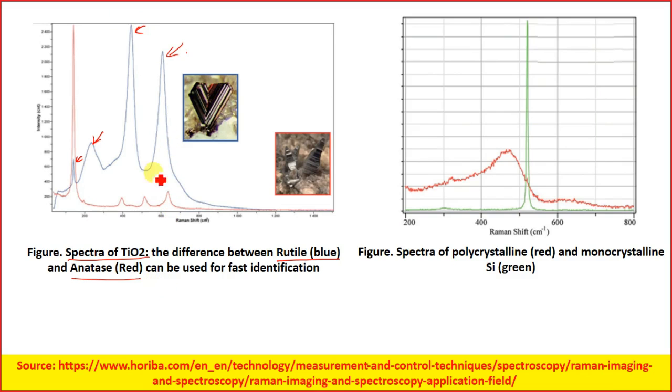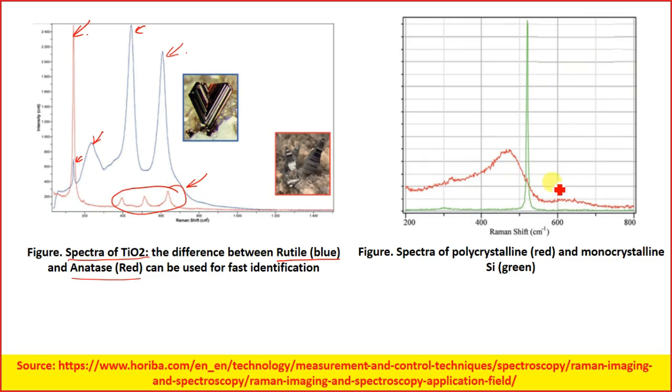Whereas in the anatase phase, there is only one major peak. It is more towards a monocrystalline phase. These peaks are also there in anatase, but they are quite small.